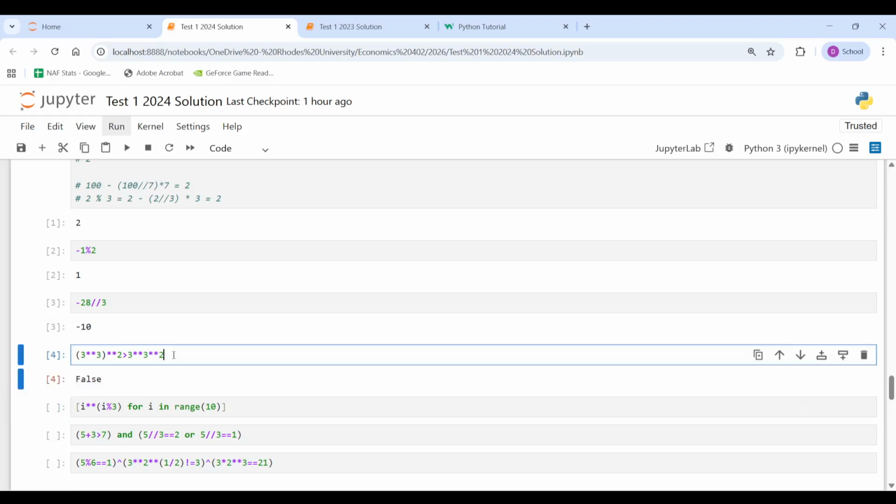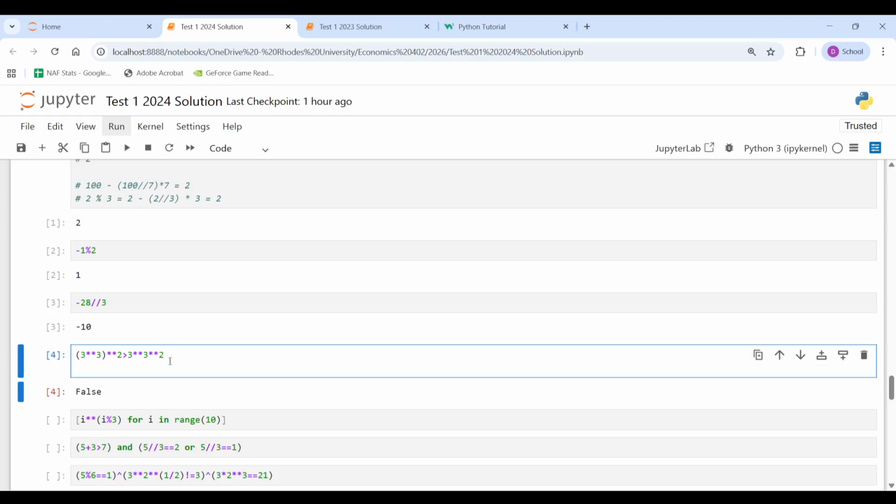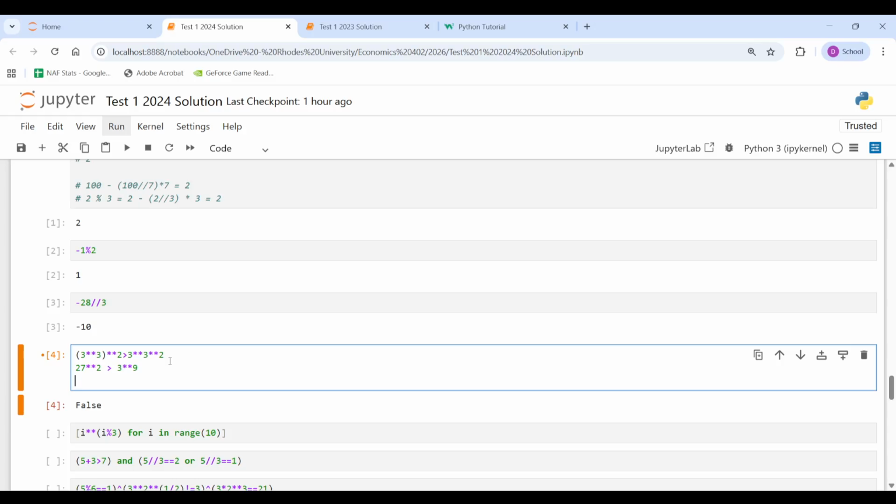Why is it false? So you're saying this side is bigger than this side. Why is that? Because you want to see 3 to the total using this line. 27 squared is 81. 2 plus 7 is 3 to the power 5.